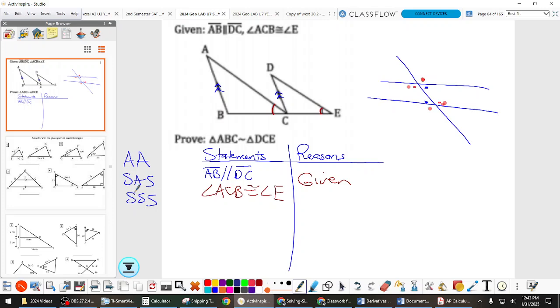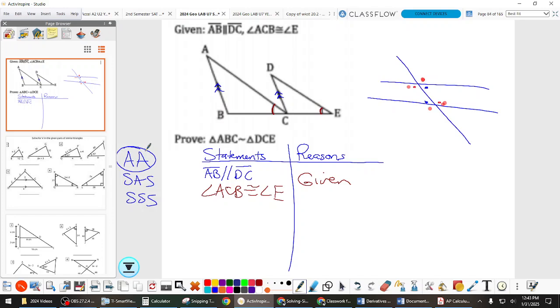So are we told that in this case? No. So what do we do? Which one are we shooting for? We weren't told anything is proportional. I just said that, right? So we can't use sides. So it's this one. We're going to go for that one.